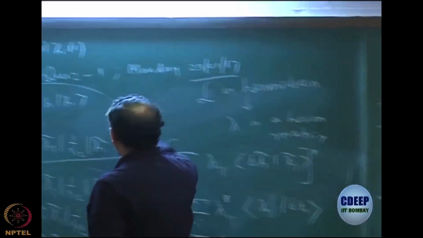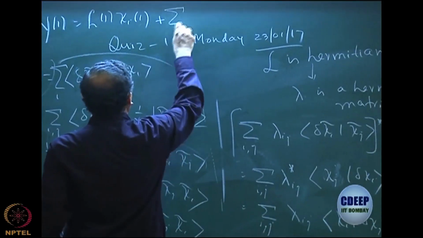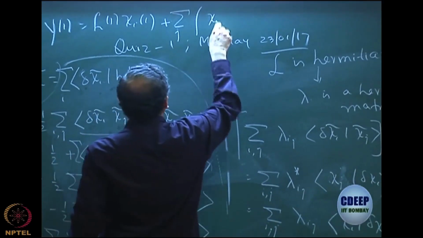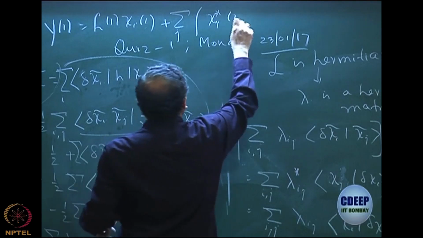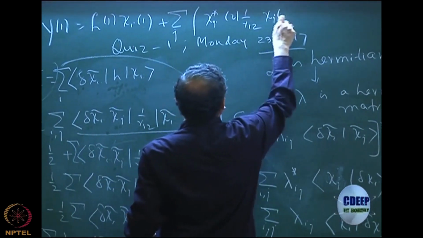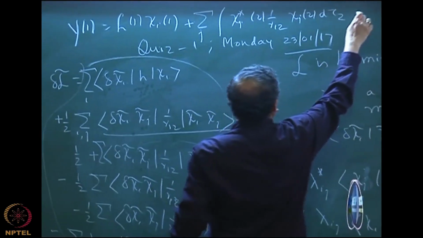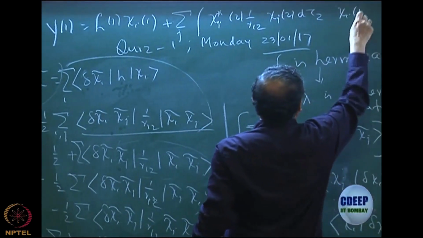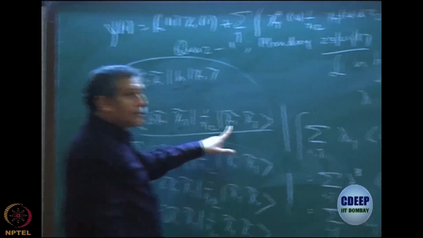The second term I can generically show: sum over j, integral chi j star 2, 1 by r12, chi j 2 d tau 2, multiplied by chi i1. Note that this chi i1 must remain.